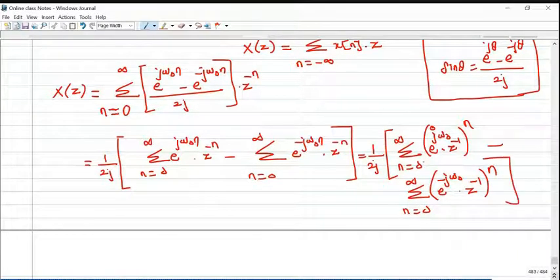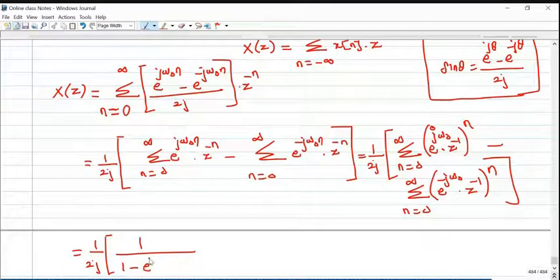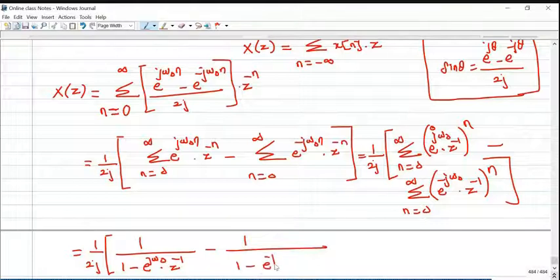So summation 0 to infinity a power n format. So we will write the result by using the formula 1 divided by 1 minus a: 1 divided by 1 minus e power j omega naught z power minus 1, minus 1 divided by 1 minus e power minus j omega naught z power minus 1.